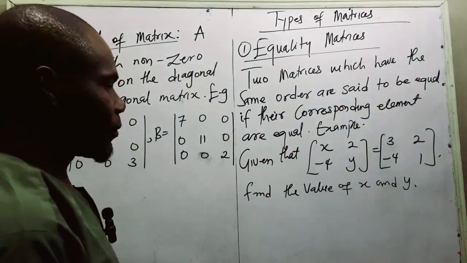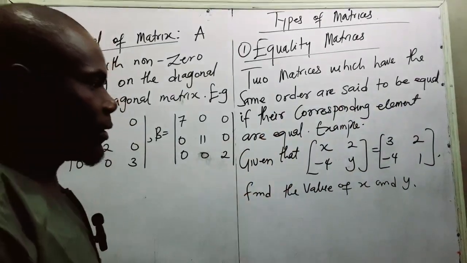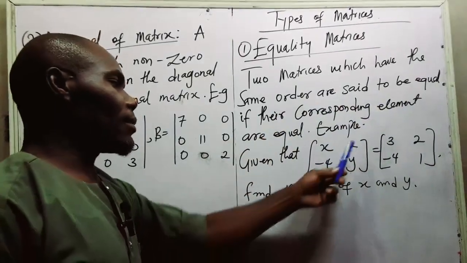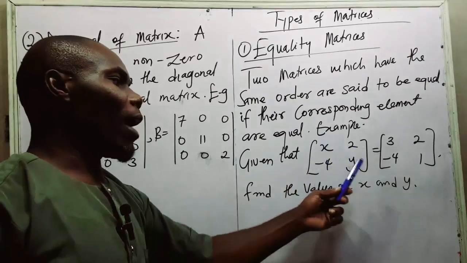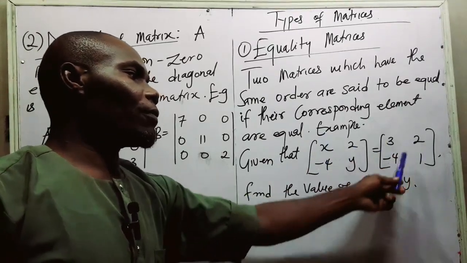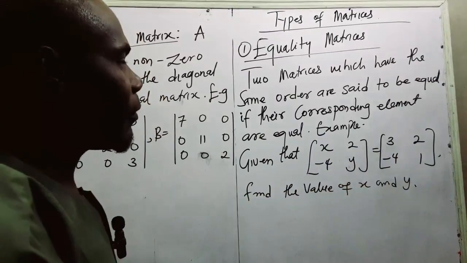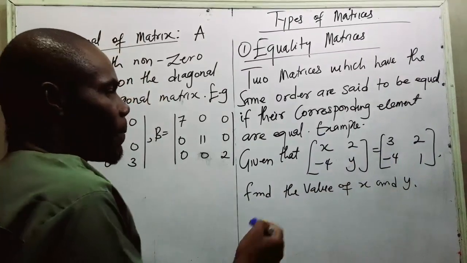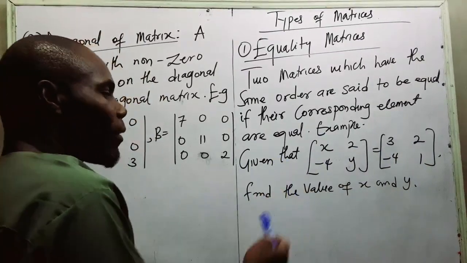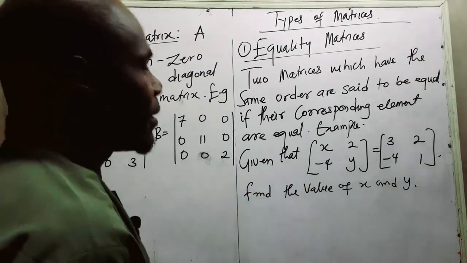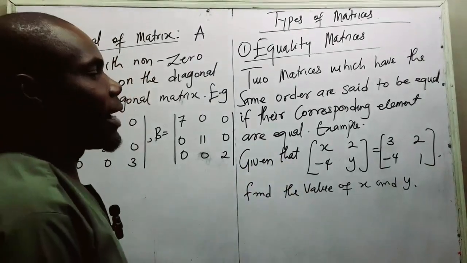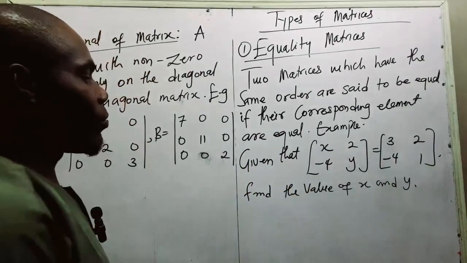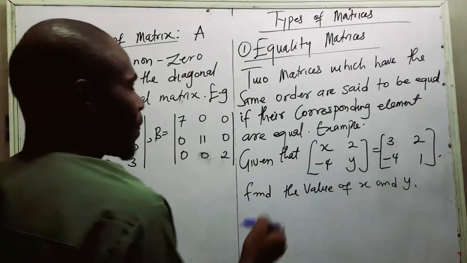Example, given that these are the elements x2 minus 4y, 3, 2 minus 4, 1. Since the orders are equal, the matrices are also equal. So find the value of x and y.